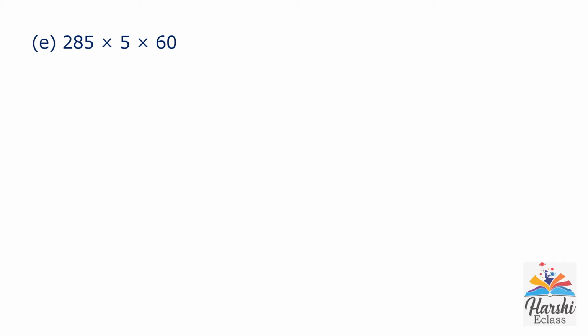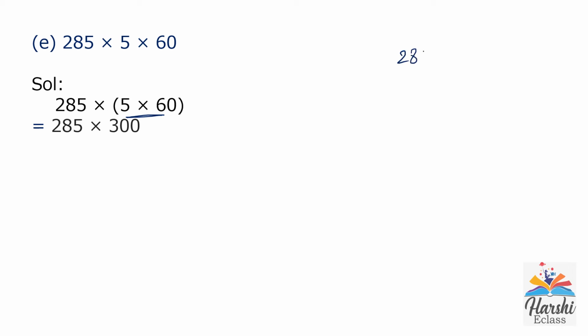E1. The given numbers are 285 multiplied by 5 then multiplied by 60. So first I am going to write 5 into 60. Multiply 5 with 60 so that you will get 300. Now 285 multiplied by 300. What we will do?